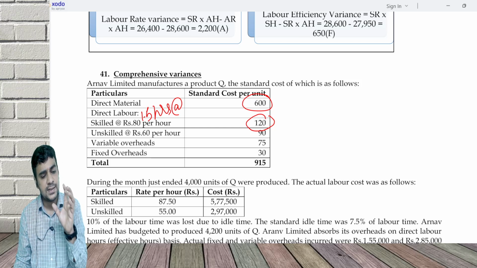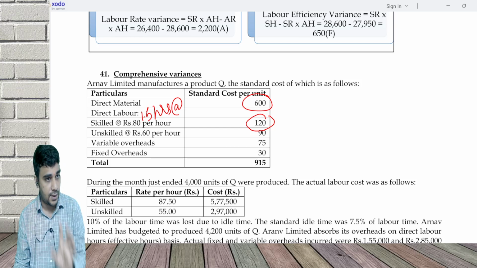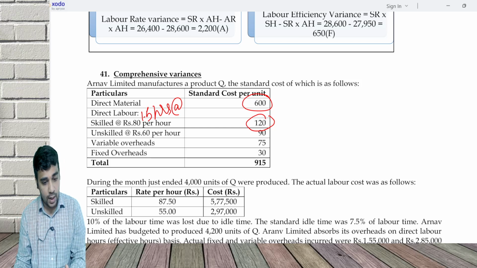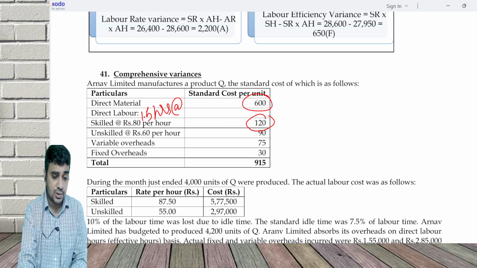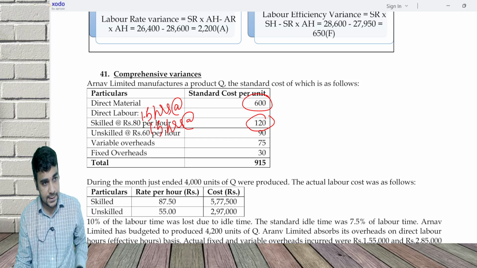So indirectly the standard equation for skilled labor is 1 unit equals 1.5 hours. Unskilled is also 1.5 hours. The breakup of 90 is 1.5 into 60.